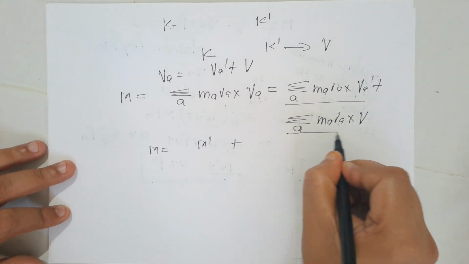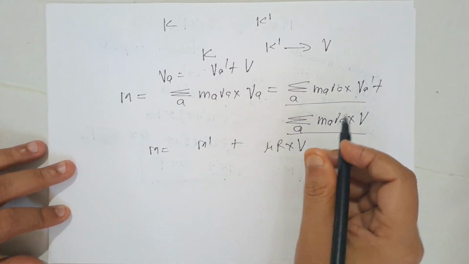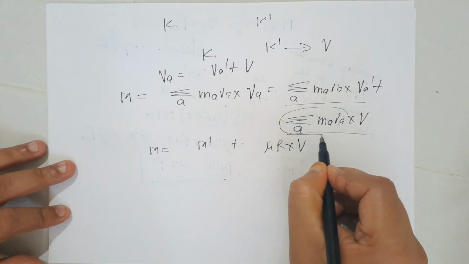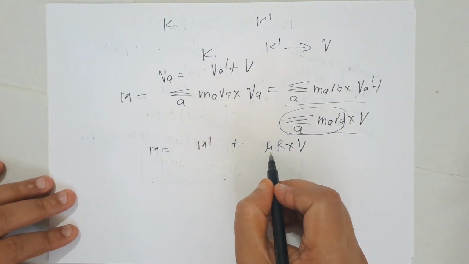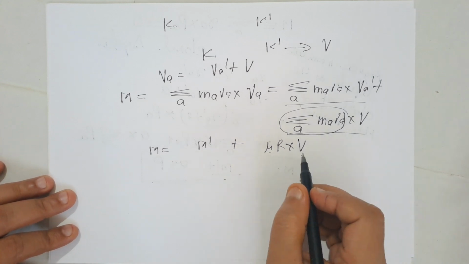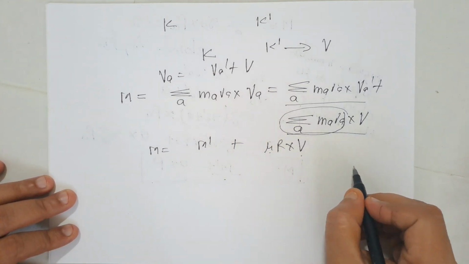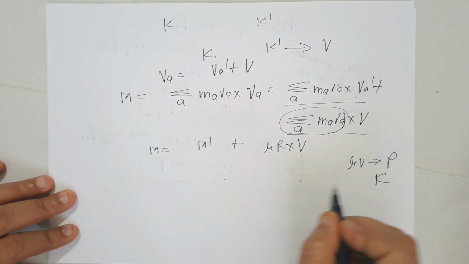The second one involves the center of mass, mu R cross V, and mu V is nothing but the total momentum P with respect to the K reference frame.